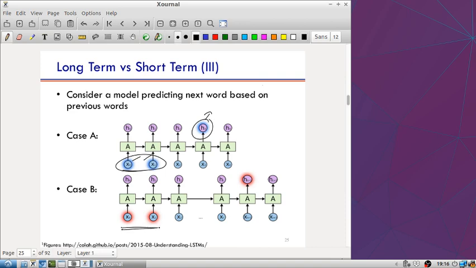Here, if there is UIC that appears, and after a long time "I lived in," maybe you want to say Chicago, then you have to remember this, and that's hard for the vanilla RNN to do because of the lesser number of parameters, as well as there is no explicit modulation of information as it's passing over from one step to the other.